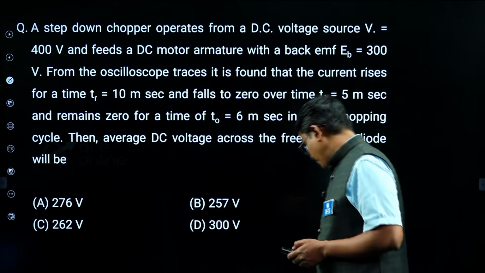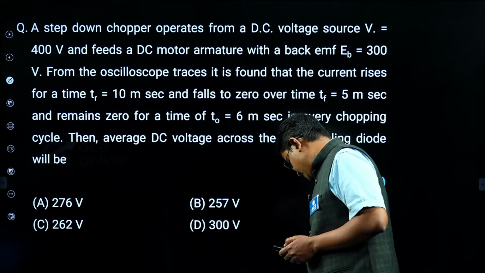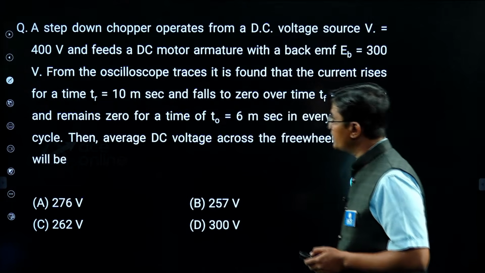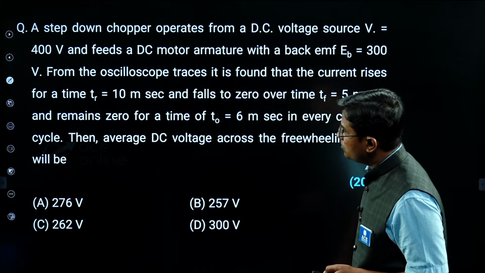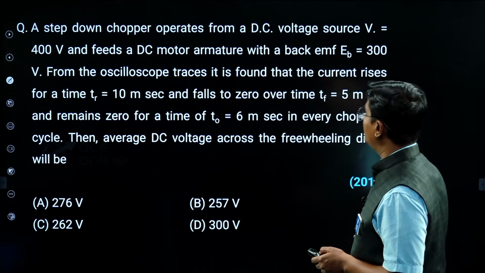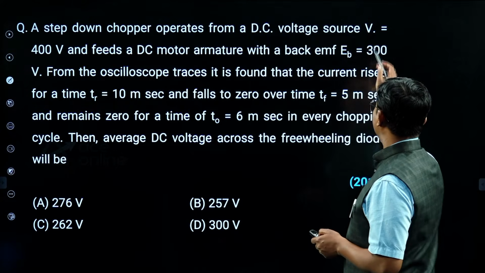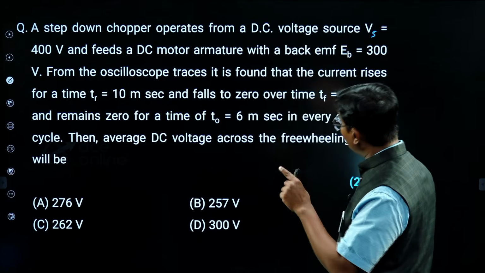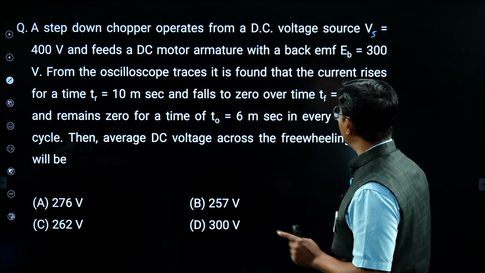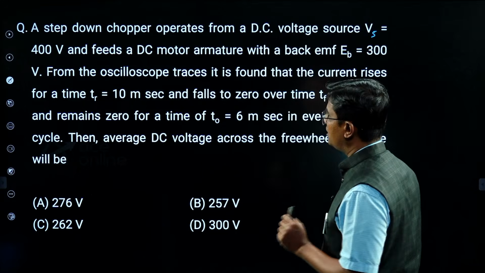A step down chopper operates from a DC voltage source of 400 volt. Let me write it as Vs, DC voltage source Vs, and feeds a DC motor armature with a back EMF EB equal to 300 volt.